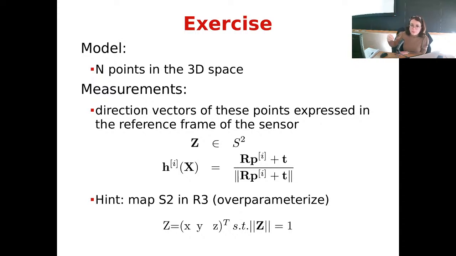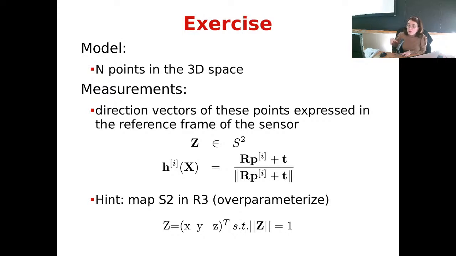And azimuth and elevation angle describe the manifold of the two-dimensional sphere, which is indeed called S2. So in this case we only have direction vectors, meaning that we have an azimuth and an elevation.